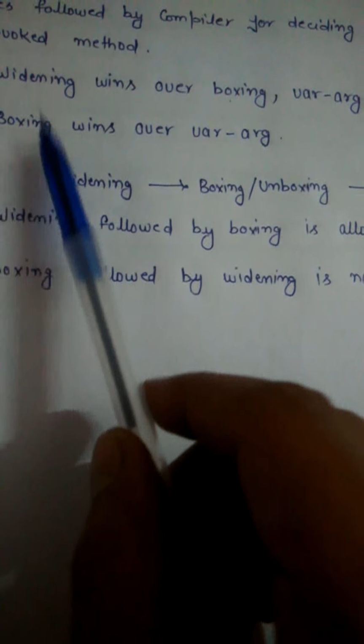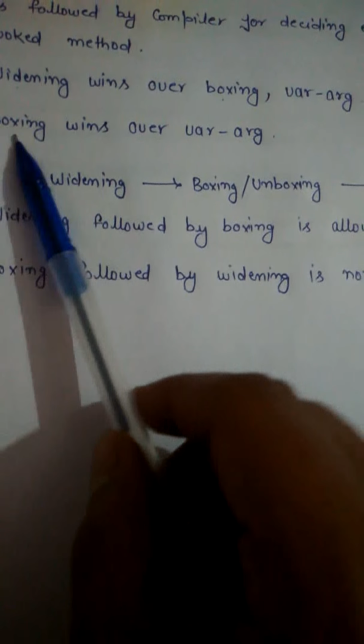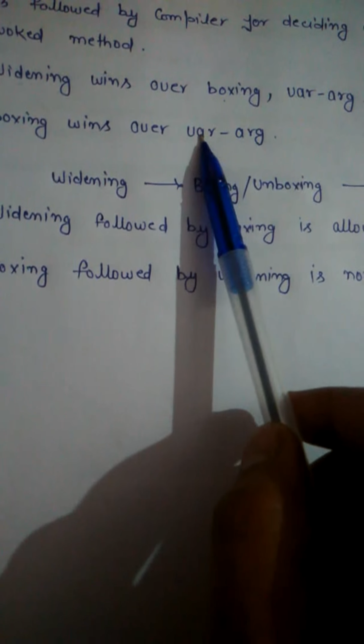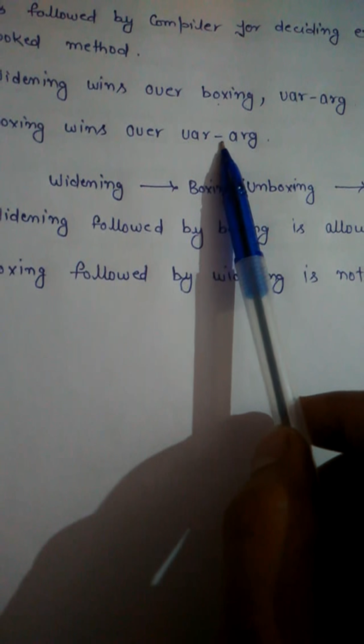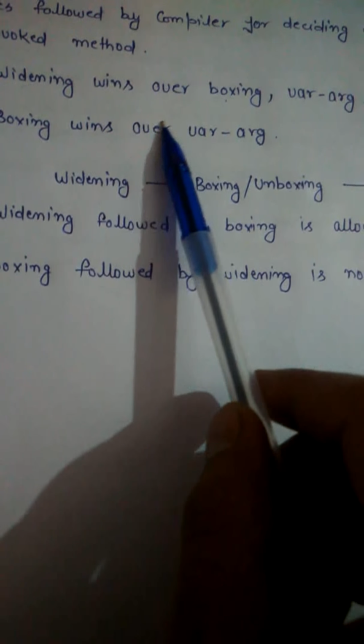And last, if it doesn't find an exact match by boxing, then it will look for variable arguments. The combination of these two rules says that if there is no exact match for the invoked method, first of all widening will be performed on the passed parameter.